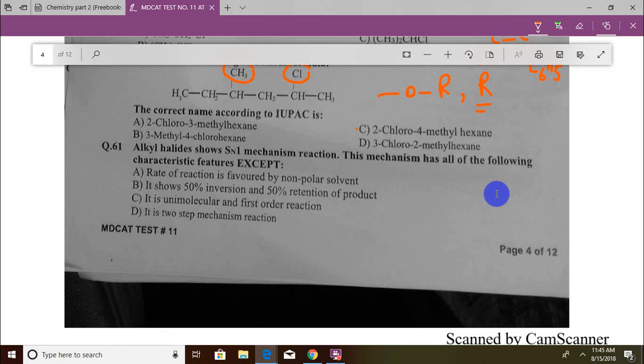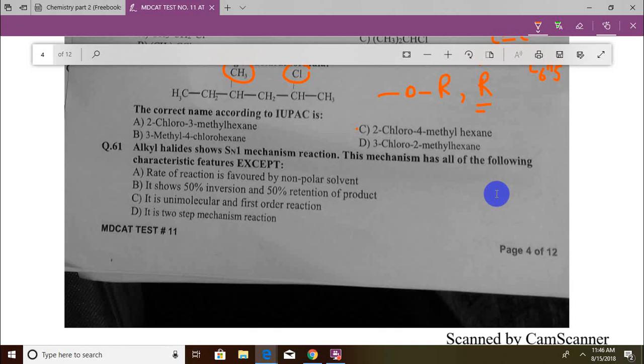It shows 50% inversion and 50% retention. Now this is something that is unfamiliar to A-level students, these terminologies, but you do know this, you just don't know what they're called. So when we have a carbocation formation, we have read this and it has come up in questions that the nucleophile can attack from either side equivalently, right?